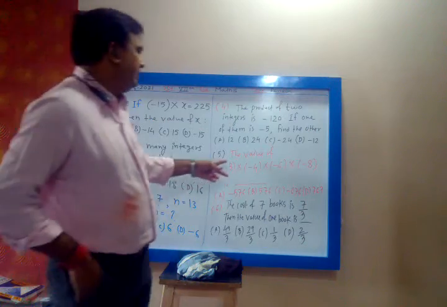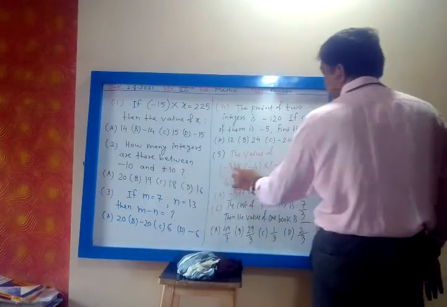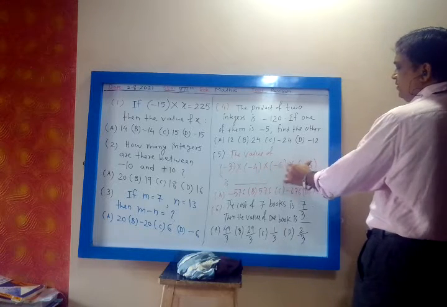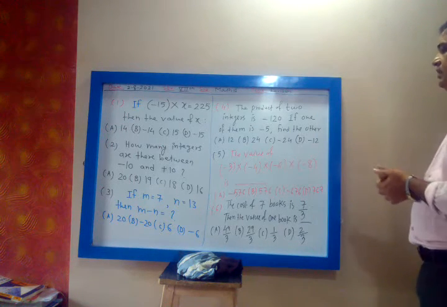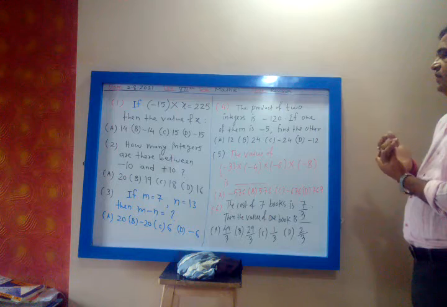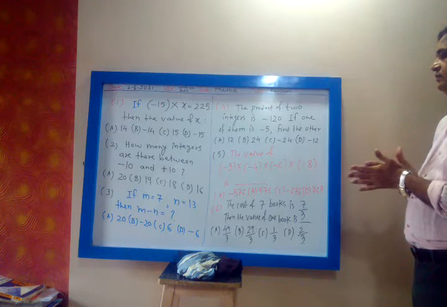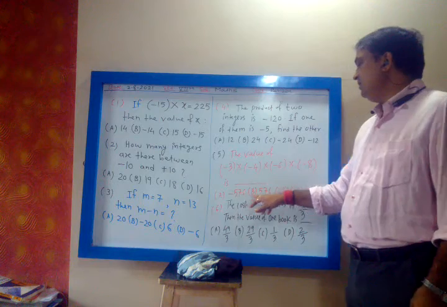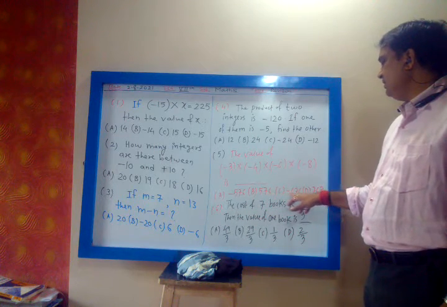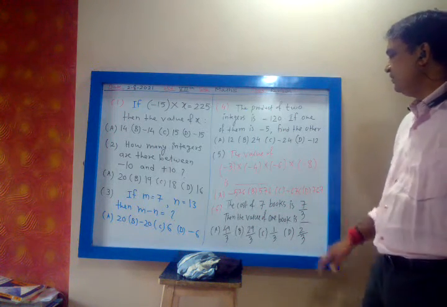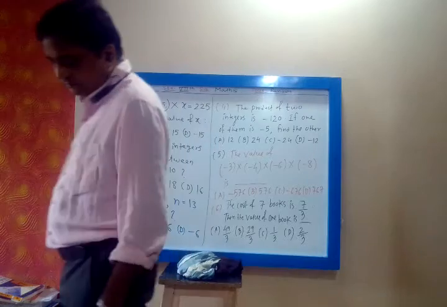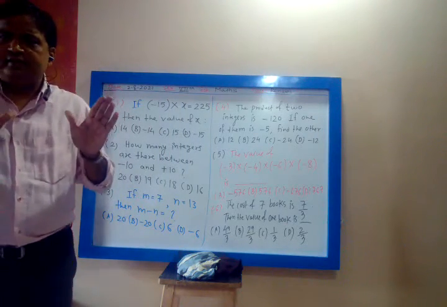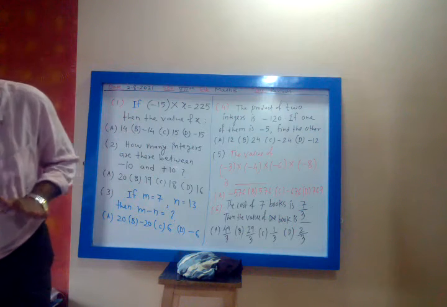Fifth question: the value of minus 3 into minus 4 into minus 6 into minus 8. Options are minus 576, 576, minus 676, 767. I did not ask for the answer. Keep ready with all the 6 answers. Then I will start.